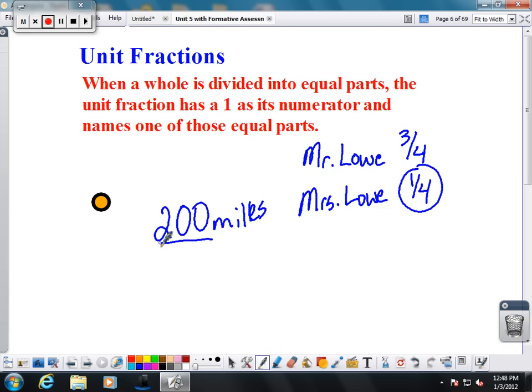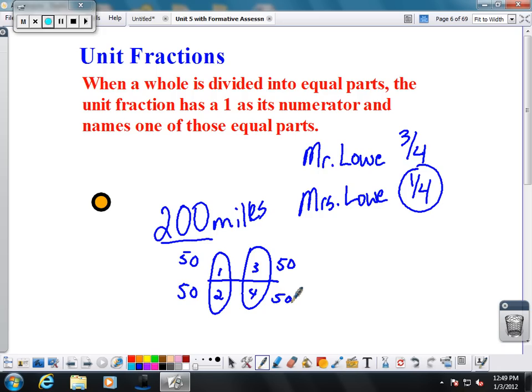So another way to look at it is, let's draw pictures. So if this represents 100 miles and this represents 200 miles, if I want to know what 1/4 of those are, I'm basically going to take these and cut them into 4 equal parts. This part would have 50 miles in it, this part would have 50 miles in it, this part would have 50 miles in it, and this part would have 50 miles in it.